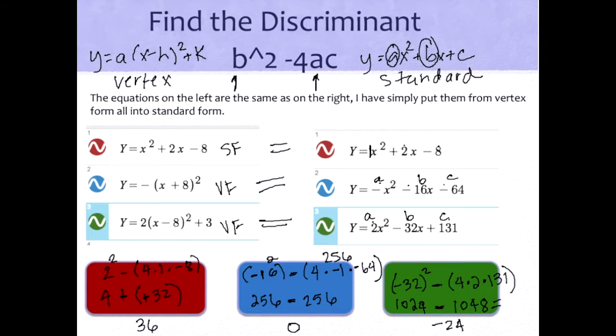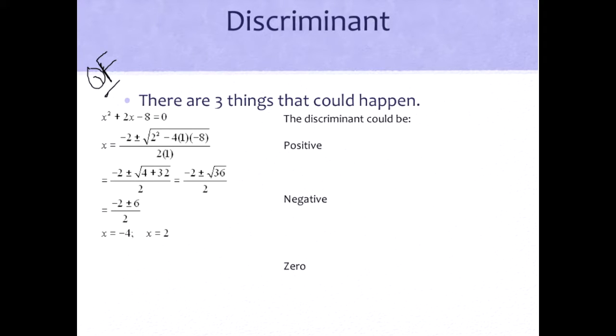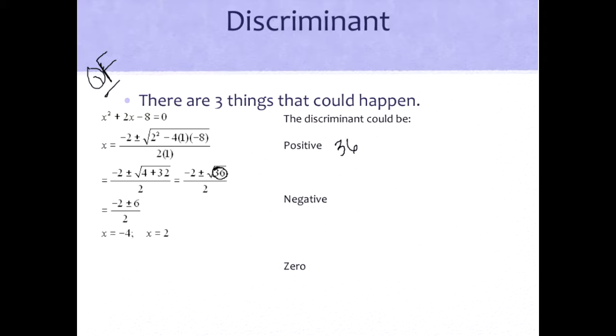Remember that back over here we had 36. Here's that 36 right here. So we got a 36, we got a 0, and then we got a negative 24. These were the three things that we got.